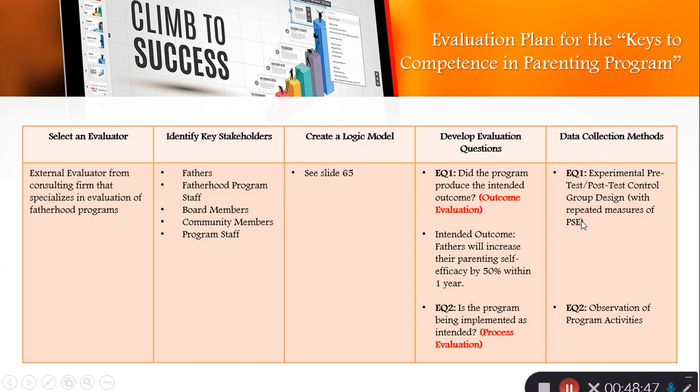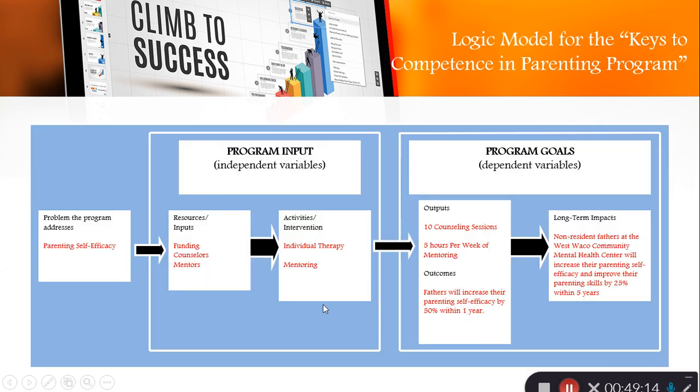So I would look at parenting self-efficacy pre and post the intervention that I employ. And then to get at the second question, I might observe program activities in order to answer this question of whether the program is being implemented as intended. So this is essentially how I would go about putting together an evaluation plan for the program that we have been walking through over the past couple of lectures.